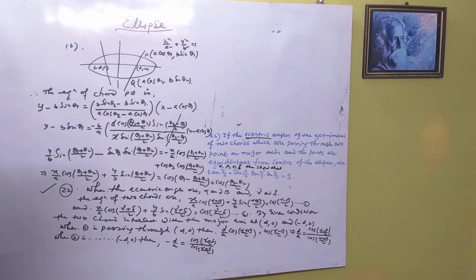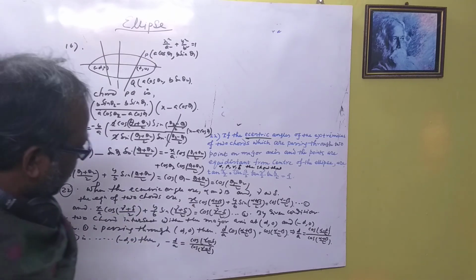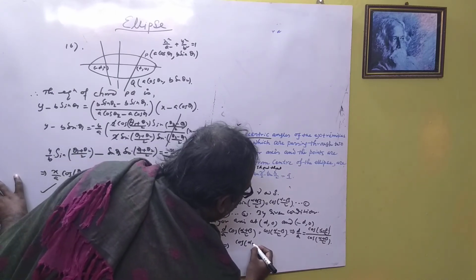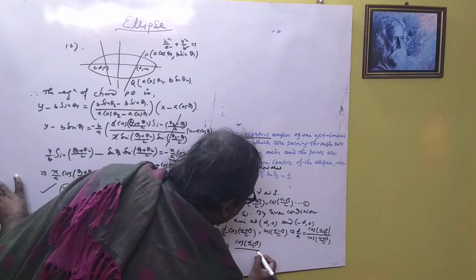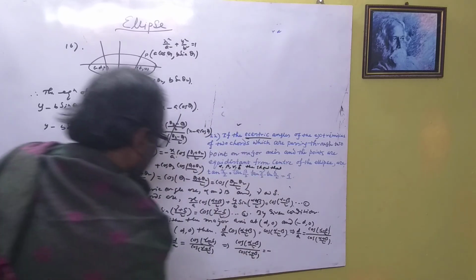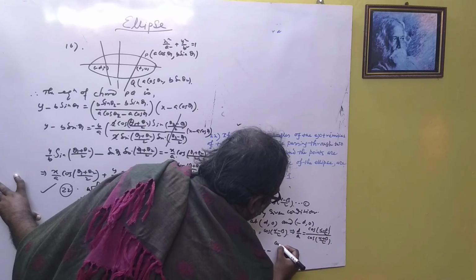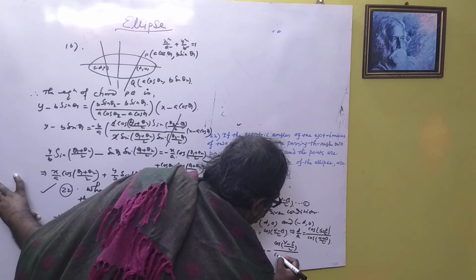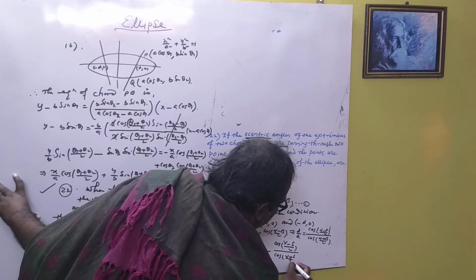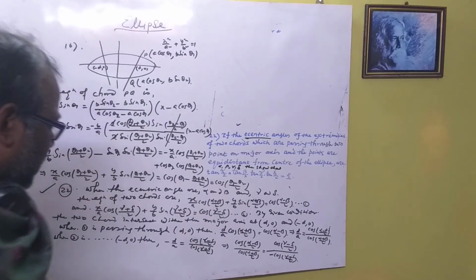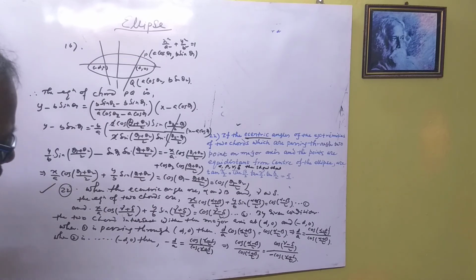So this is -d/a and this is d/a, and we can write cos((alpha-beta)/2)/cos((alpha+beta)/2) equal to minus cos((gamma-delta)/2)/cos((gamma+delta)/2). So we take this as a minus here and apply componendo and dividendo.